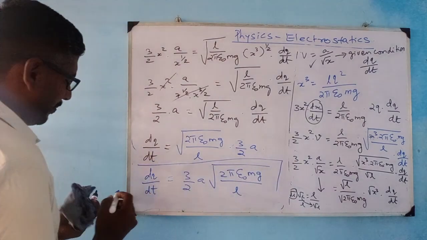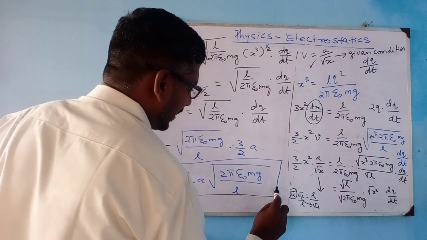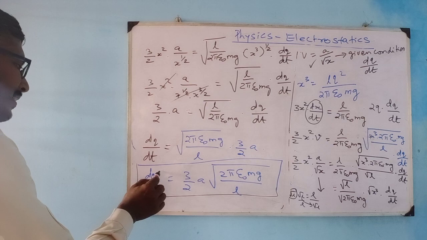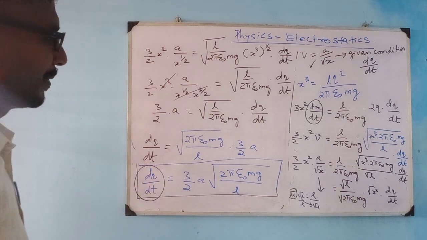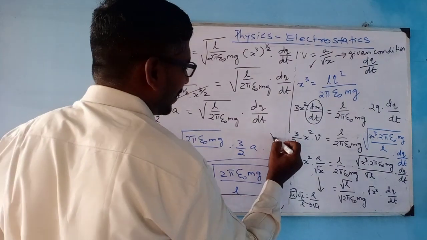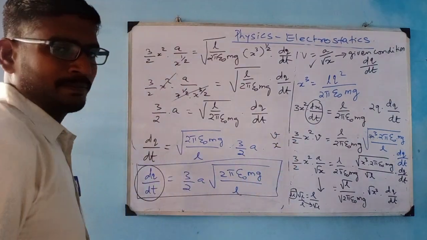What we understand from this equation is that dq by dt, the leakage of charge, does not depend upon velocity v. It does not depend upon the distance x.